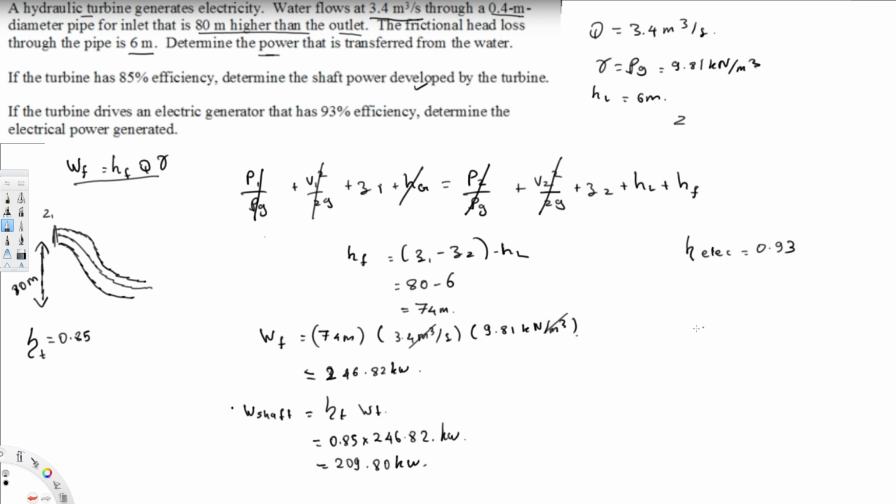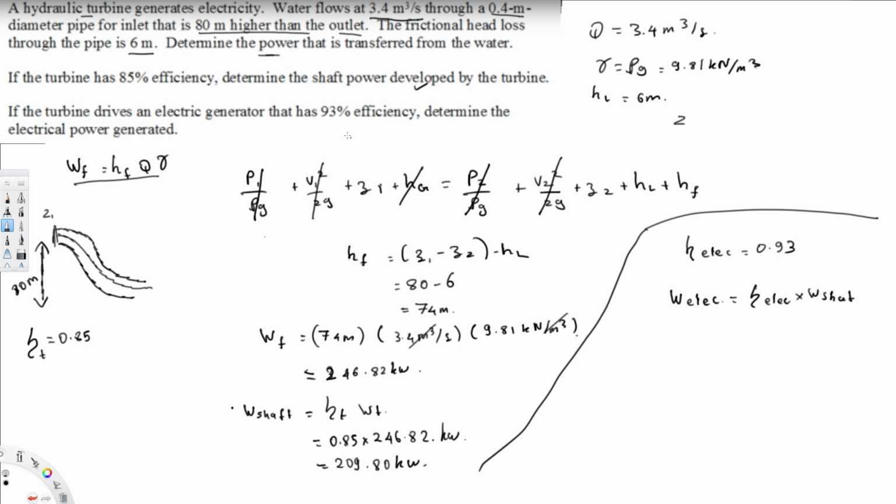To calculate this one, let's say this is W electrical. W electrical is equal to eta electricity multiplied by W shaft. So that's going to give us this value. If you notice, the power is going to be reduced and reduced and reduced as it goes through these things, right? So that's how it's going to be.